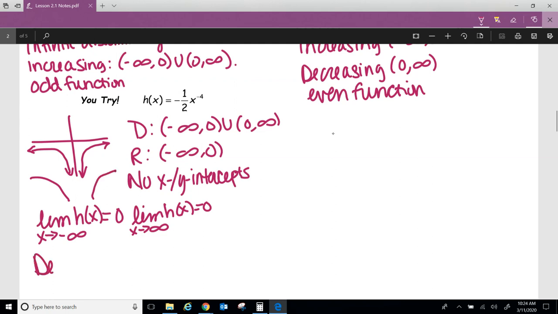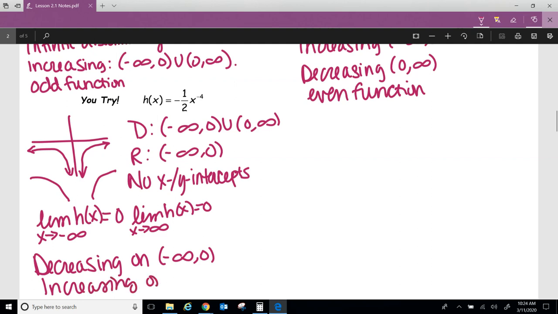So we're decreasing first this time, and that's on negative infinity to 0, and increasing on 0 to infinity. Is this an even function or an odd function? This is an even function. Why? Because we are symmetrical about the y-axis.